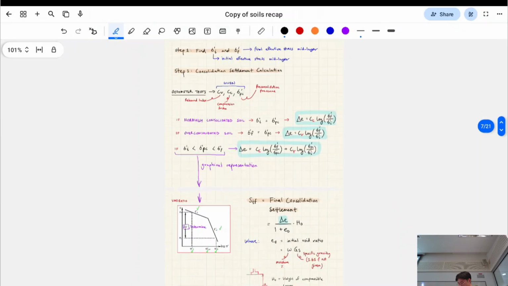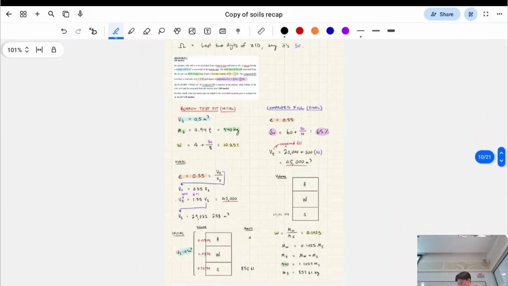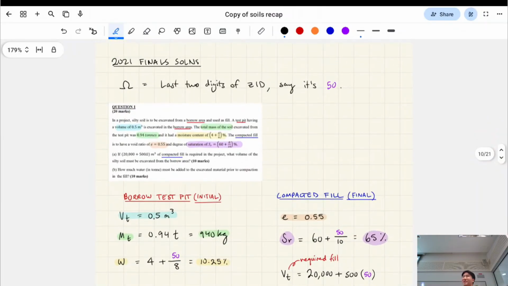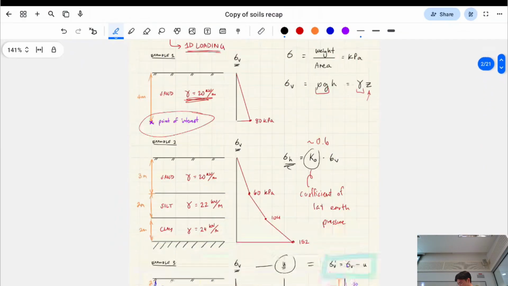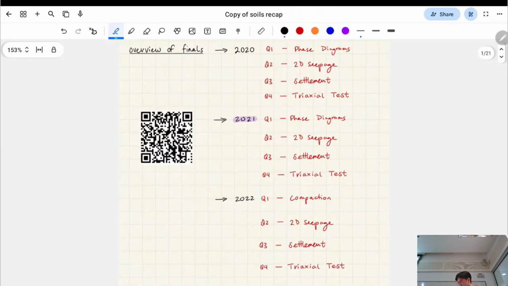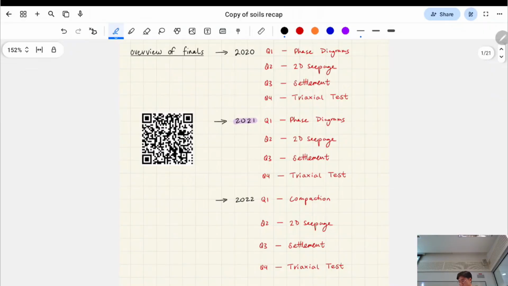So I'm going to quickly talk about phase diagrams, but I'm not going to focus on this. There's a worked example here. In that folder, if you scan that QR code, I have my notes, which is called Soils Recap. And then there's also the 2022 paper, the 2021 paper, and the 2020 paper.